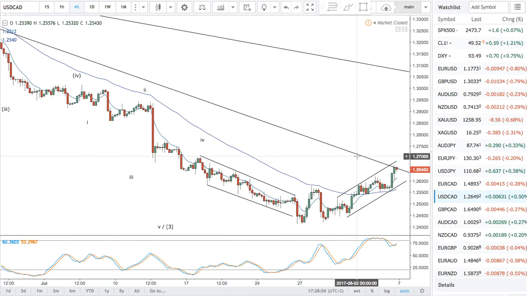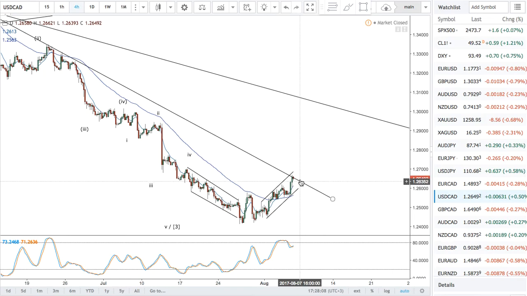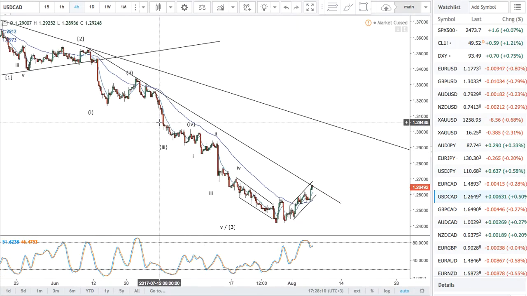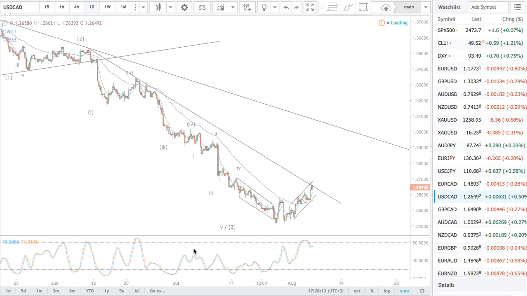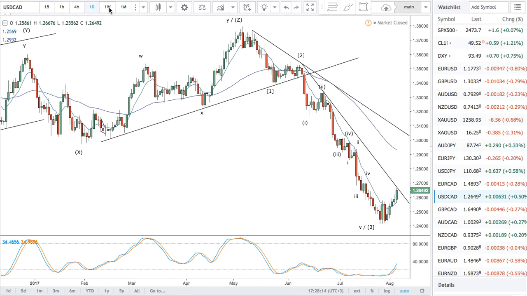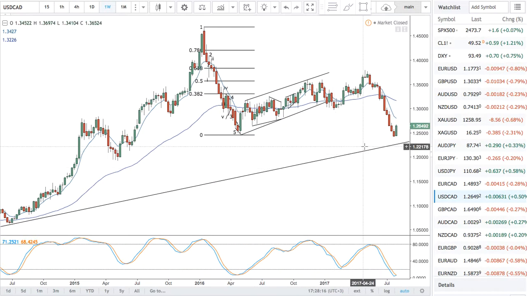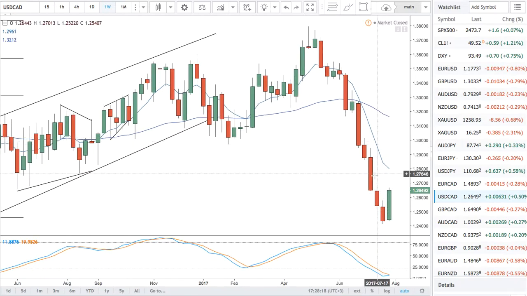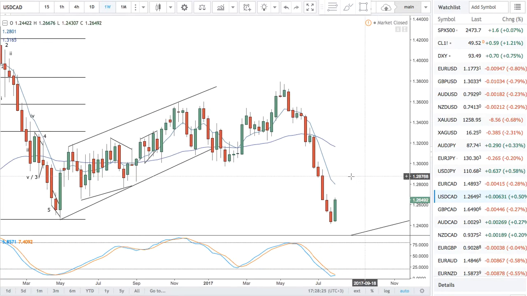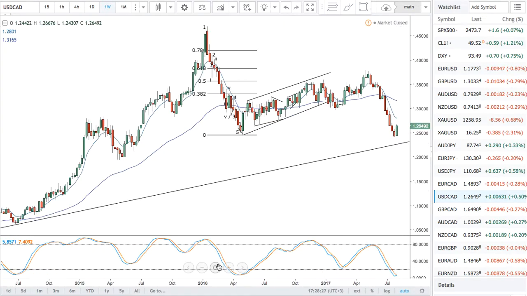We have not yet broken this level, but even if we do break it, I am looking for this to turn over. So my view on this hasn't changed. More lows to come towards 123. And next week, the 8 EMA will come in about 12750. So there will be that as resistance as well. I've gone over this many times.